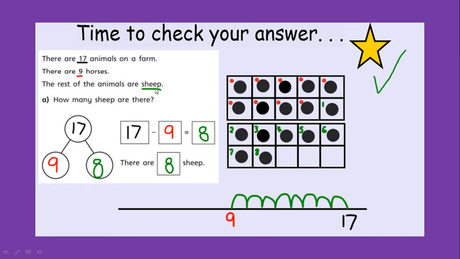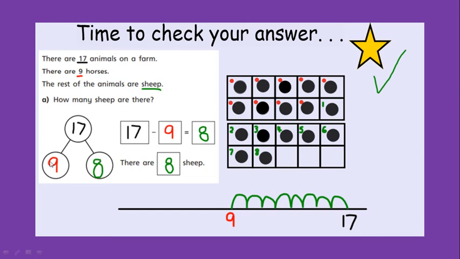The rest of the animals are sheep. So what I then needed to do was count how many animals were left because they were going to be the sheep. So I've got 1, 2, 3, 4, 5, 6, 7, 8. 8 animals that are left on the tens frame show that they are sheep.